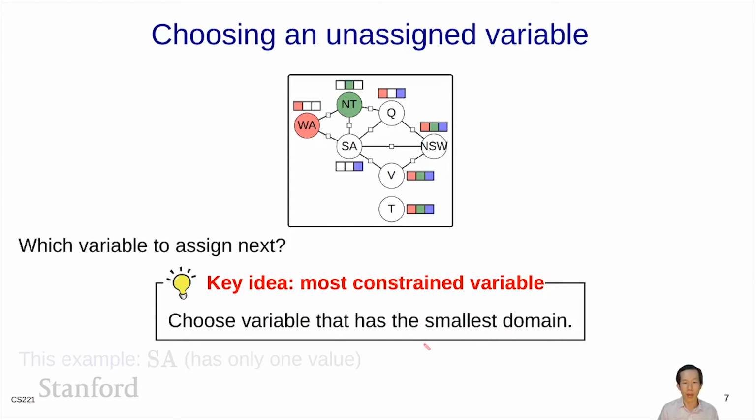Okay, so what's the domain size here? There's 2 elements for Q, 3 elements here, 1 element here. So SA is the variable that has the smallest domain. It has only 1 element. And the intuition here is I want to restrict the branching factor and choose variables that have small branching, determined by the number of elements in that domain.